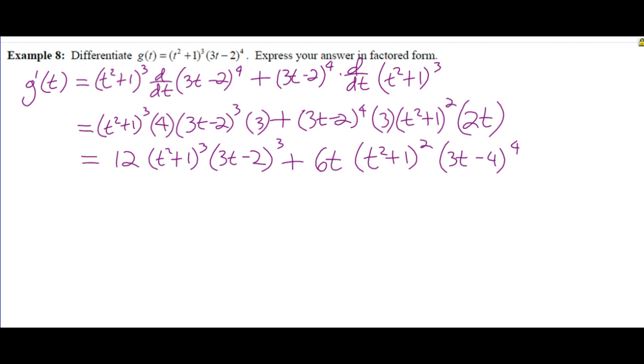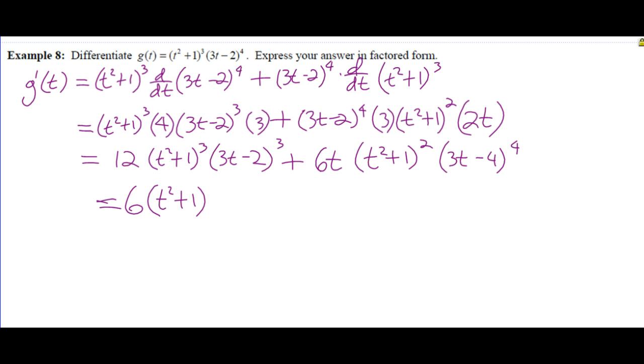Okay, now we should be able to pull the common factor, right? So what number goes into 6 and 12? 6. Okay, so we got a 6. What's the lowest power of t squared plus 1? It's the squared one, right? So the common factor is just always the lowest power of whatever's there.